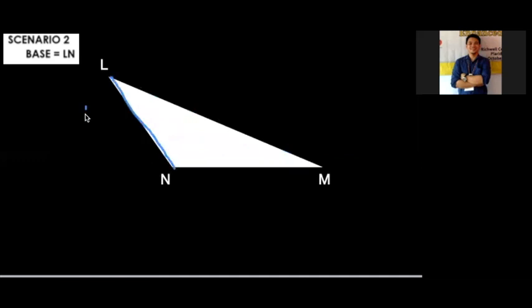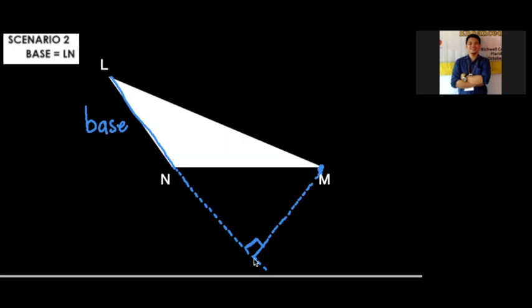So again, the base is LN. Like what we did a while ago in scenario 1, we extend the base LN so that we can draw a line from the vertex M to the given base. If we do that, we can draw here a line that will be perpendicular now to base LN.